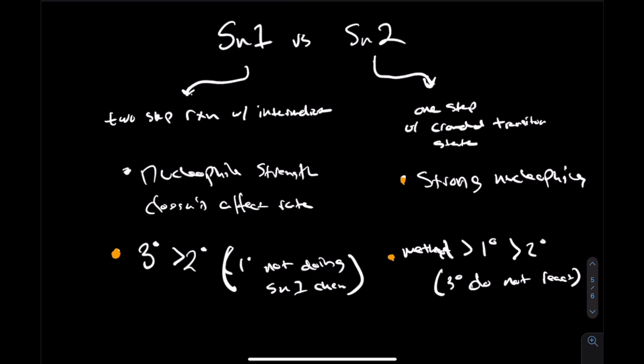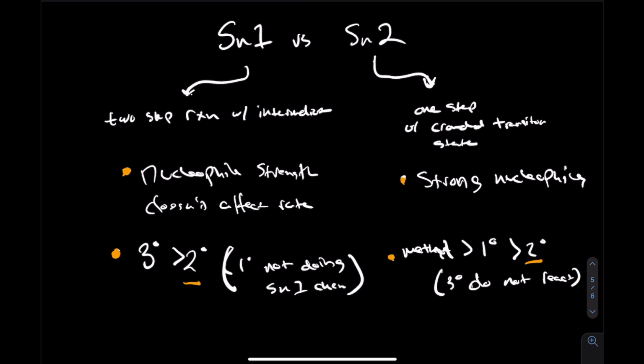And then the nucleophile actually doesn't have to be that strong, because once you have a nice stable carbocation, anything can come in. Now you'll notice that secondary is listed for both, so what I would say is, if you see a strong nucleophile and a secondary alkyl halide, you might want to consider an Sn2 reaction. If you see a more modest nucleophile, you may want to consider an Sn1 type reaction.